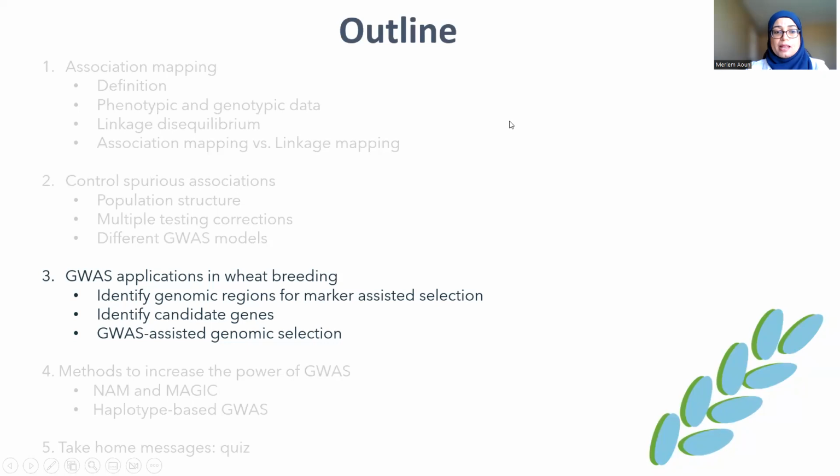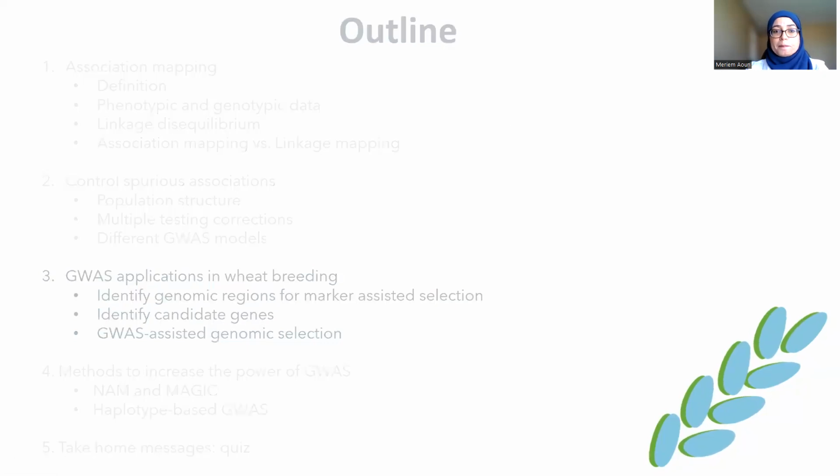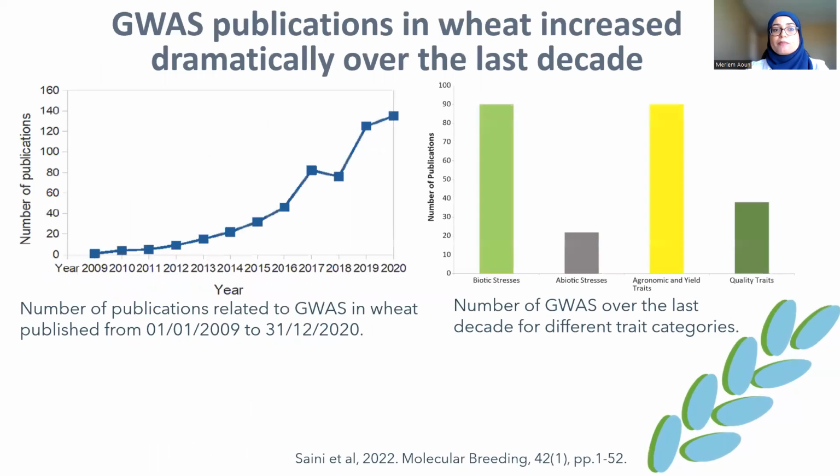Coming now to some examples of the application of GWAS in wheat breeding. Here I am showing you publications of GWAS in wheat from 2009 until 2020. So you can see this very rapid increase in deploying GWAS in wheat.